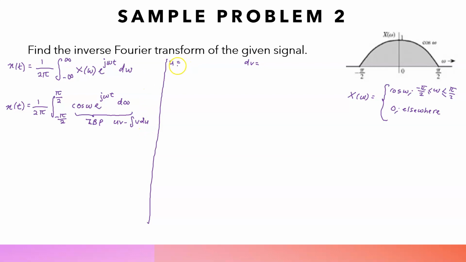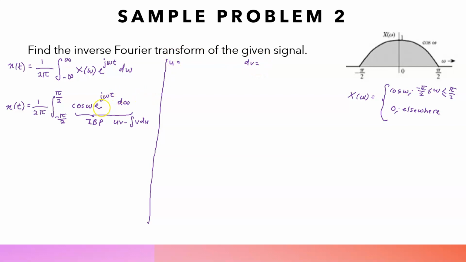So the idea is to choose between cos omega and e^(j omega t), the one that is easier to differentiate as u, and the one that is easier to integrate as dv.